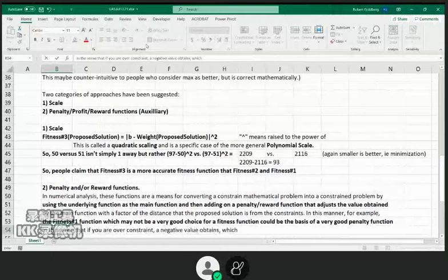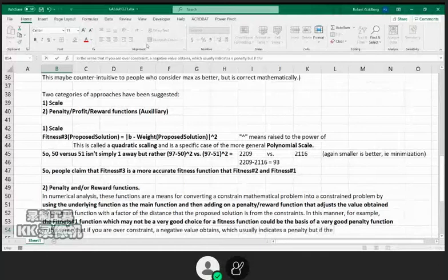Depending, again, plus or minus may be a penalty or reward depending on your minimum or maximum, but normally people think of negative as a penalty, right? Minus 3 in football or whatever. I'm just saying this heuristically, not the actual details. A negative value obtains, which usually indicates a penalty.